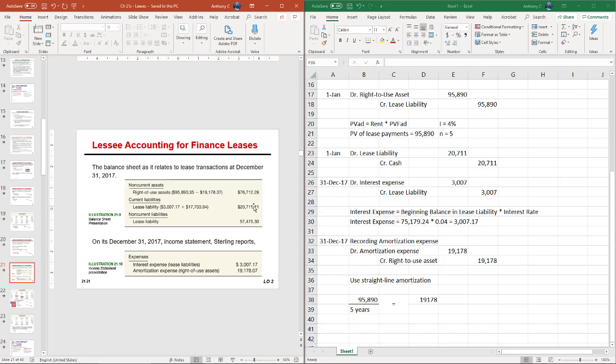In other words, the next lease payment, which is due on January 1st, is listed in the current liability section. The rest of the lease liability gets reported in the non-current section. Right, for our income statement, we'll list both interest expense and amortization expense.